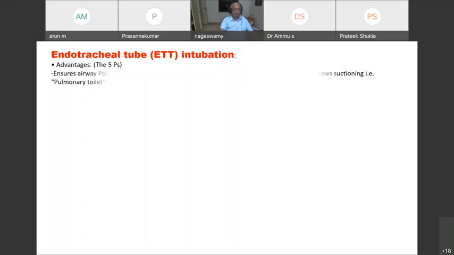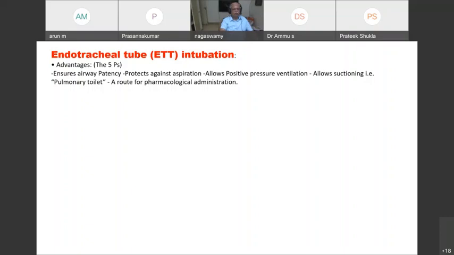So it ensures airway patency, protects against aspiration, allows positive pressure ventilation, allows suctioning, that is pulmonary toileting, and you can sometimes use it for pharmacological administration, like dilating agents can be directly instilled through the endotracheal tube. So the 5 P's are patency, protection against aspiration, positive pressure ventilation, suctioning as a measure of pulmonary toileting, and pharmacological drug administration.